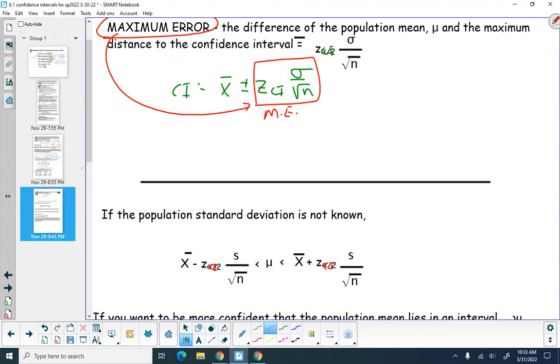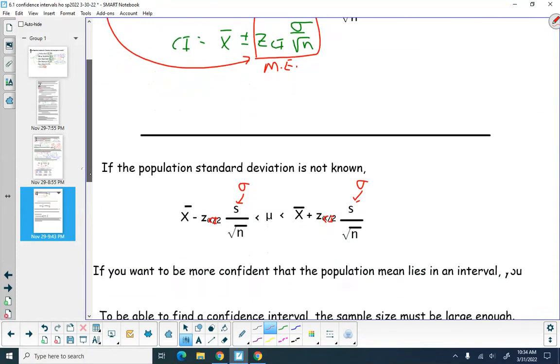Statisticians are fine with that. Why? Because they just want a number, and the sample can give you a guesstimate on the population with respect to the sample standard deviation. So you just replace that with sigma. It's the exact same thing we did on the other side.